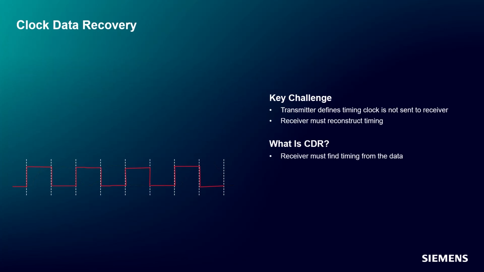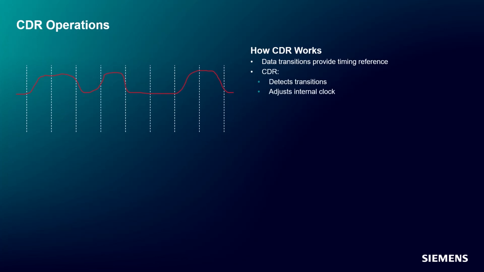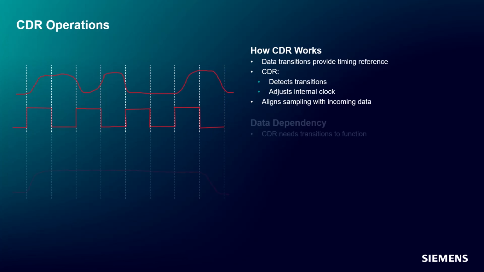Instead of relying on a separate clock signal, the receiver extracts timing information from the data itself. The idea is that transitions in the data from 0 to 1 and 1 to 0 contain information about timing. The CDR circuit observes these transitions and adjusts its internal clock so that it aligns with the incoming data stream.